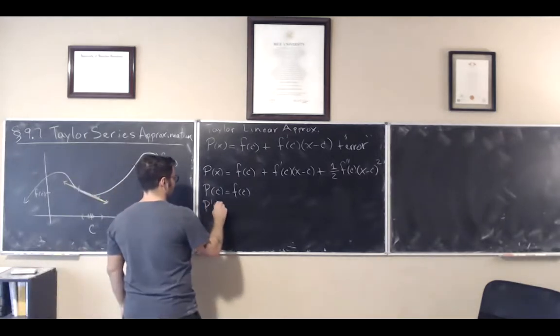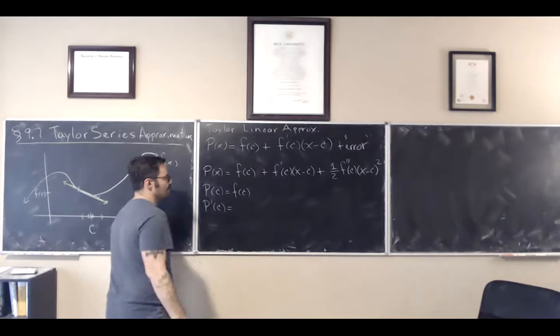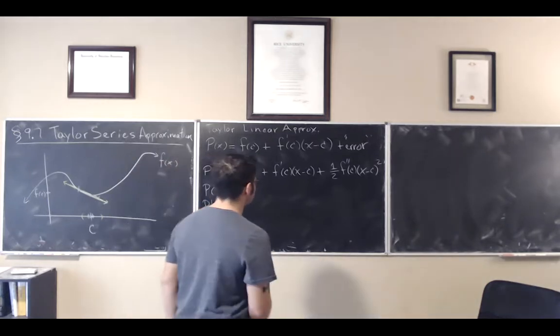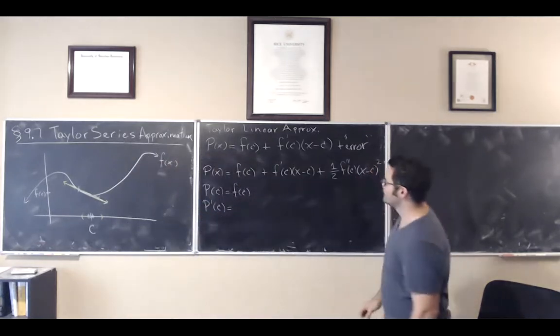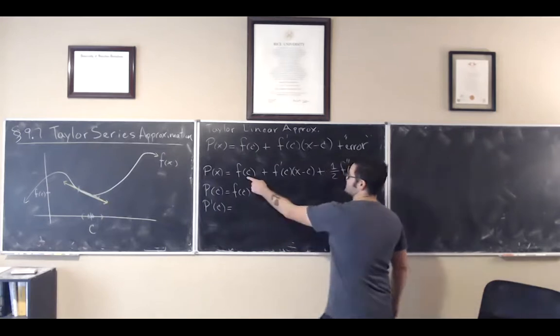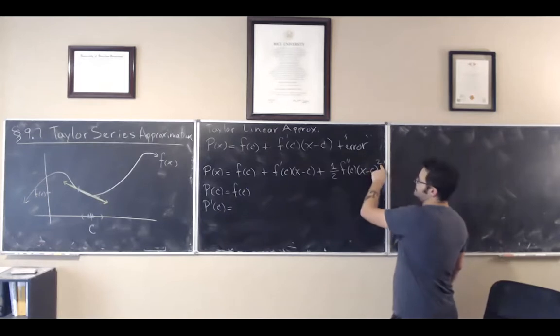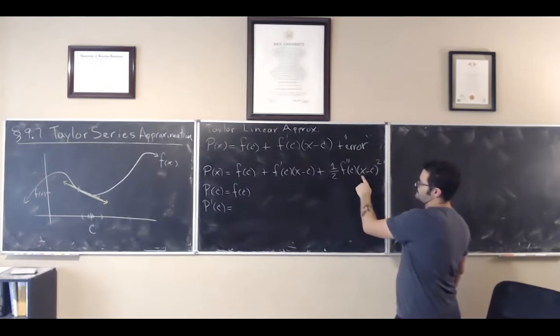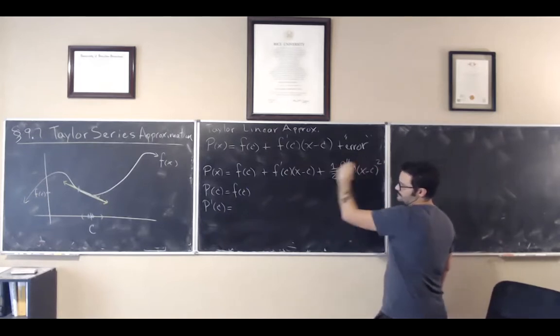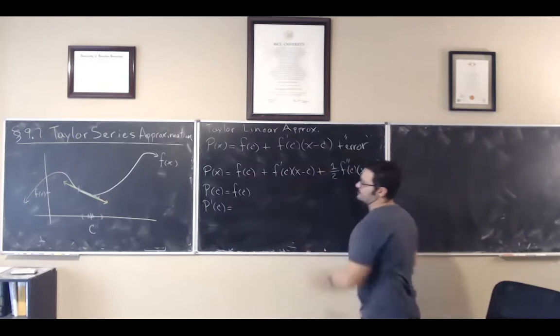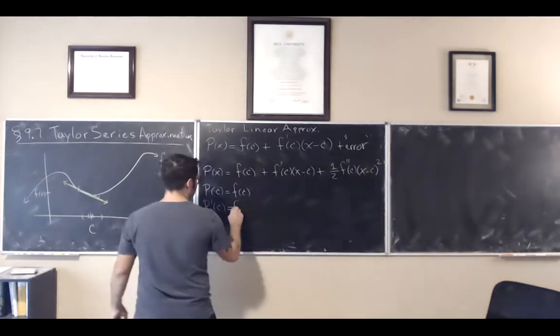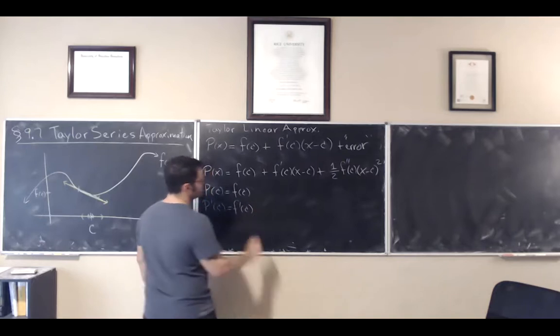What about the first derivative at c? The coefficient of x there is f prime at c. That 2 times that 1/2, but there's still x minus c, so that will be 0. You're just left with f prime of c. So their first derivatives match up.